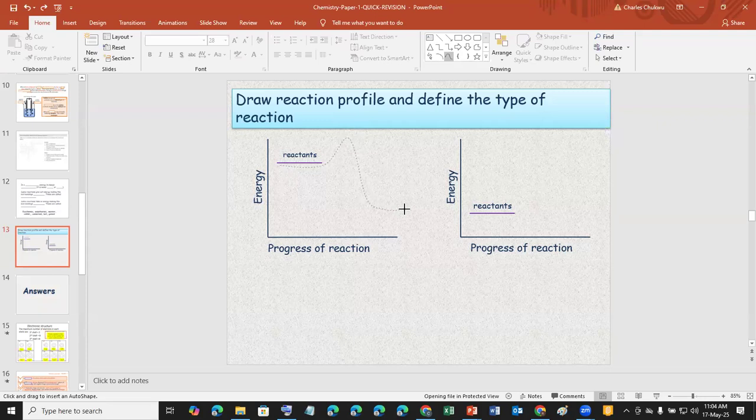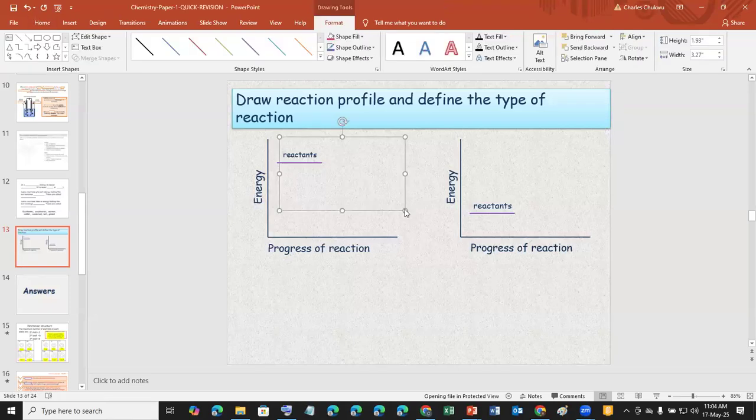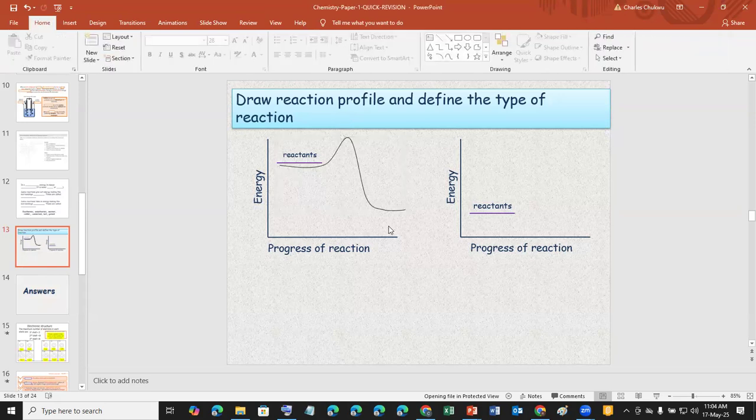The heat of the products will be lower than it. So that's how it's going to look. Sorry, let me change the color so you can see it. So that's how it's going to look. The heat of the products will be lower, because it's released all of the heat.